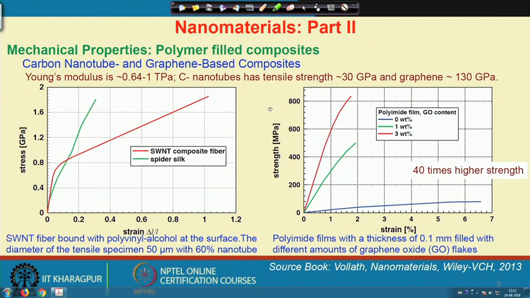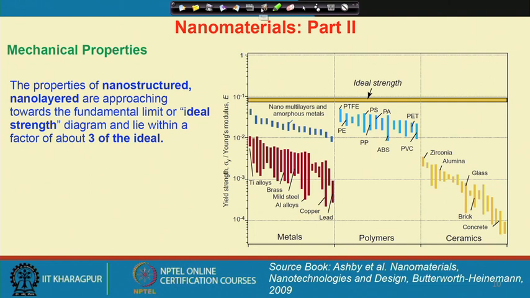So, overall what we can see is that there are large opportunities to use these nanoparticles, nanofibers, nanotubes, or nanoplatelets, which are even present in our bone. If we look at a very common Ashby type of plot, with yield strength versus Young's modulus, this is the level of the ideal strength of the material, that is G by 10 and so on.